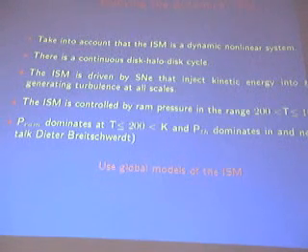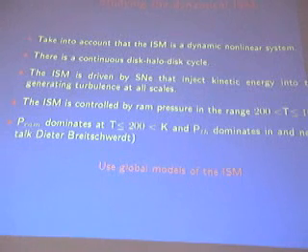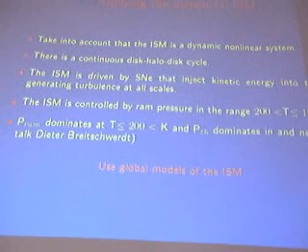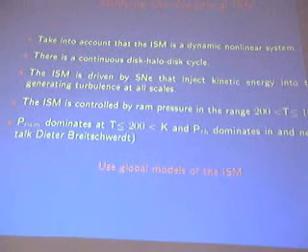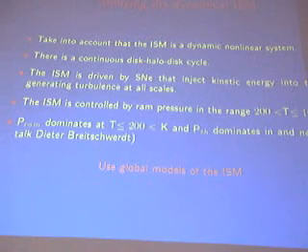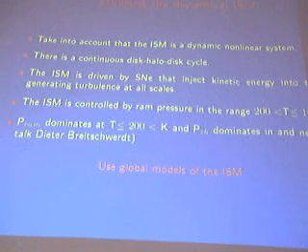Okay, so we take into account that the ISM is a dynamic nonlinear system. There's a continuous disk cycle. The ISM is driven by type II supernovae that inject kinetic energy and generate turbulence on all scales, and you'll see this in a movie.